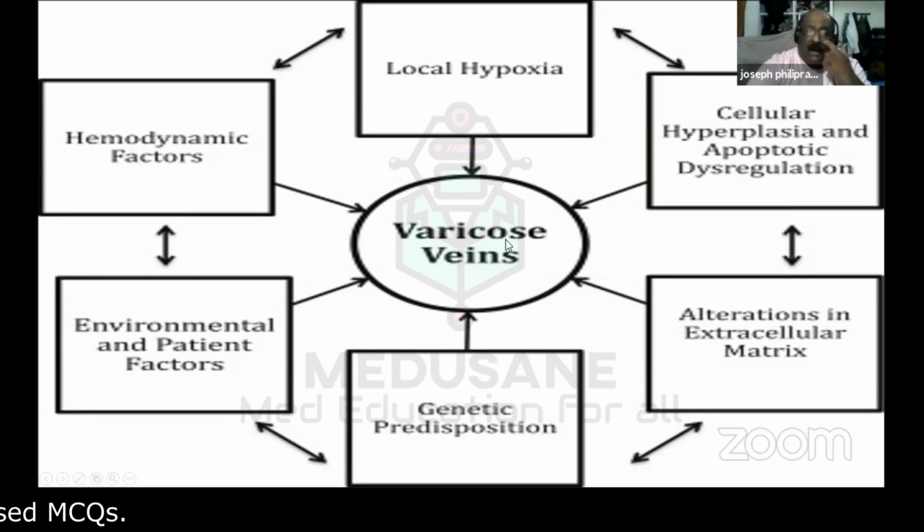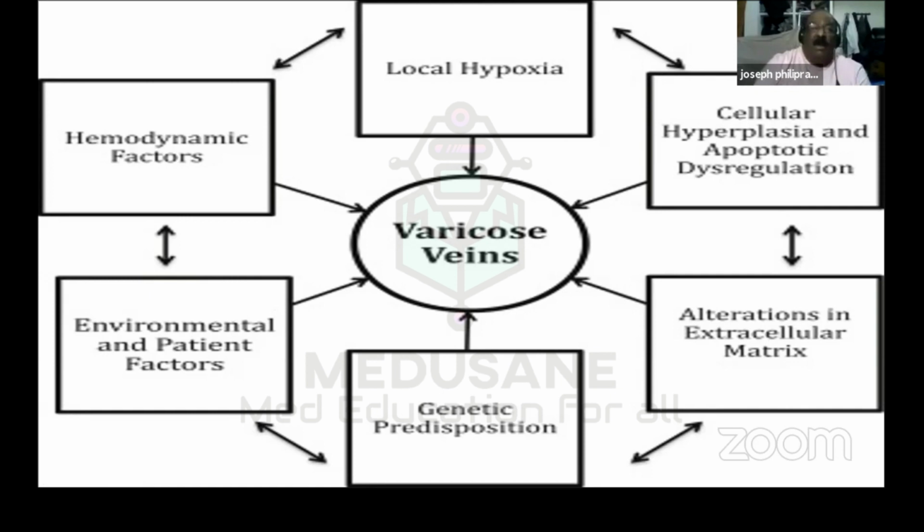And because the blood is staying in the long saphenous system, there is local tissue hypoxia, cellular hyperplasia, and apoptosis, dysregulation of the cellular maturity, and alteration in extracellular matrix formation, which can give rise to various manifestations of varicose vein, which we will be dealing with later.